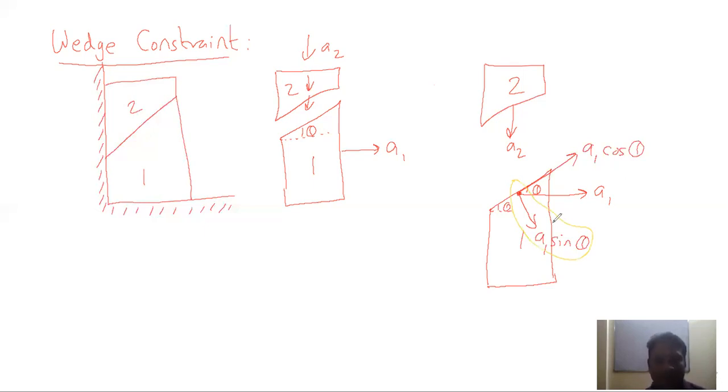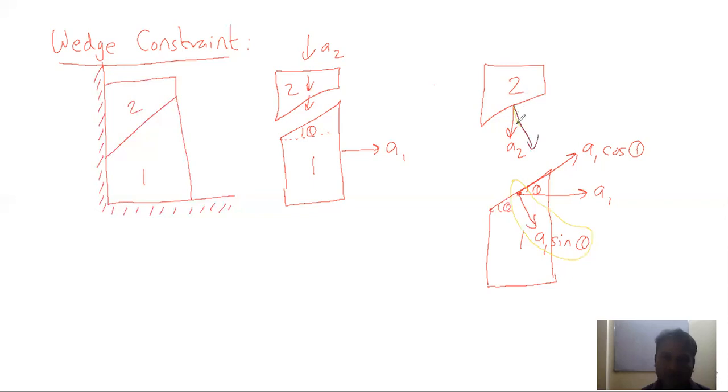Similarly, the perpendicular component of A2, if I want to make it by geometry, will be like this. Let me again come back to red color. This angle here is theta. Let me make this diagram once again.